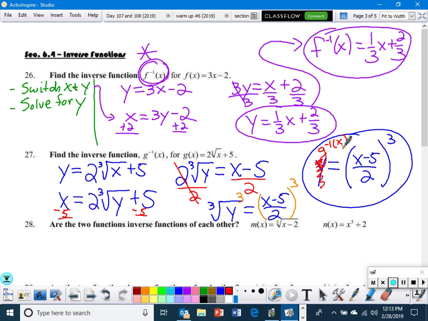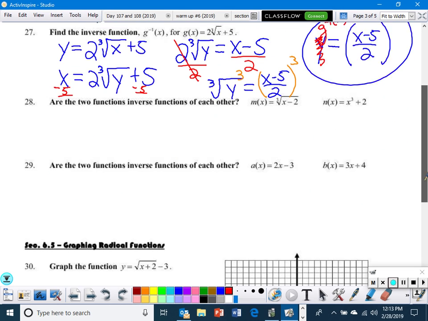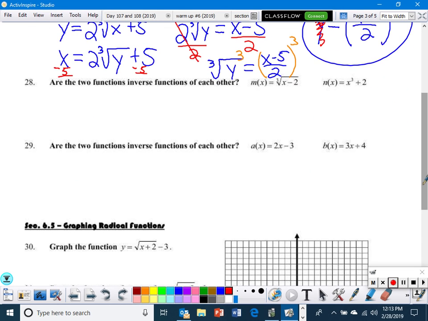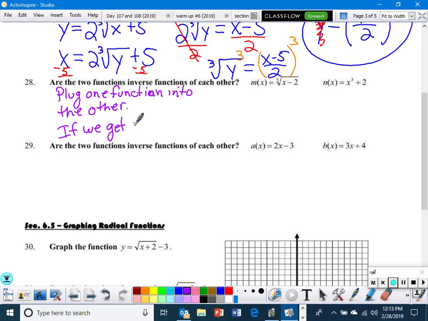All right, 28. Are the two functions inverses of each other? Okay, so what we're going to do is we're going to plug one function into the other. If we end up with x, then yes, they are inverses of each other.